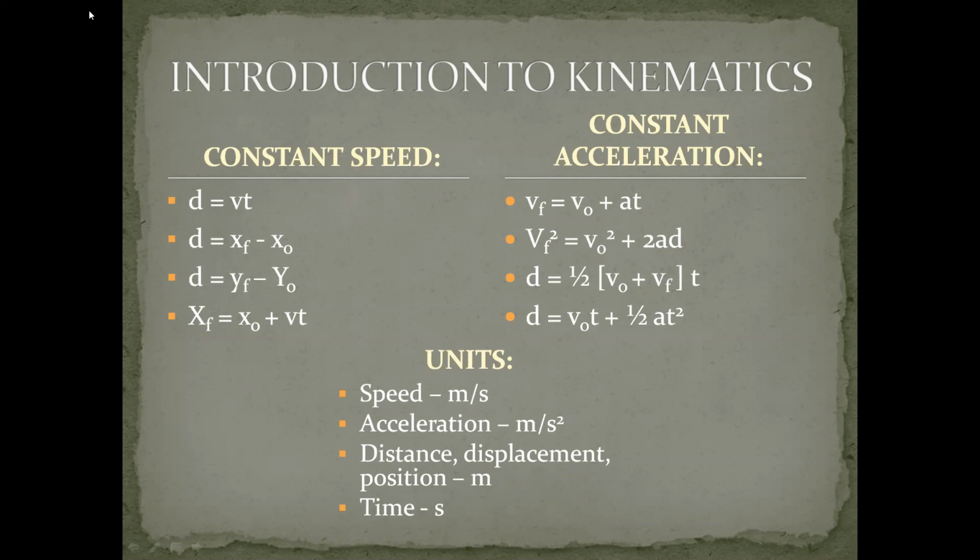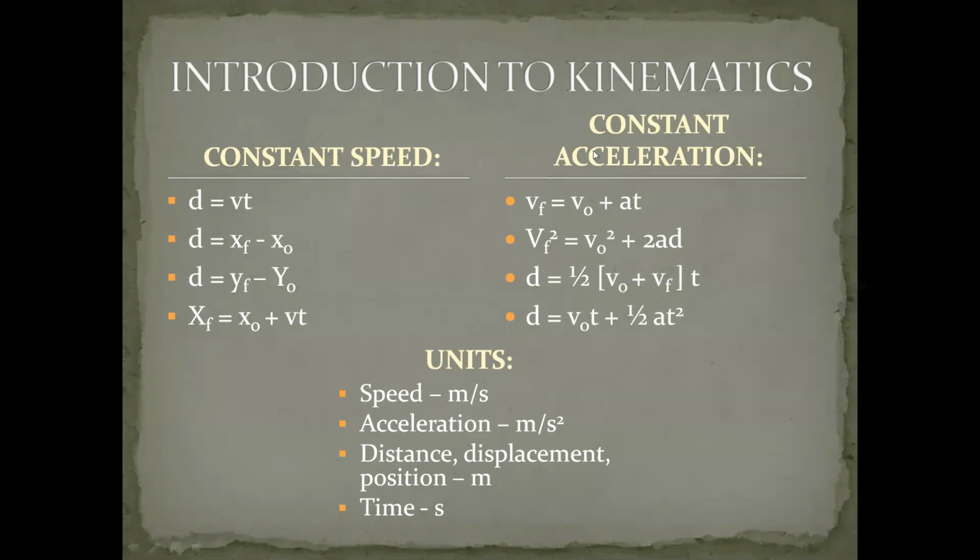And if you're going to find the x final, you're going to use this formula: x final is equal to x initial plus vt. I'll show you later how to use it. I'm just familiarizing you with some of the formulas in kinematics.